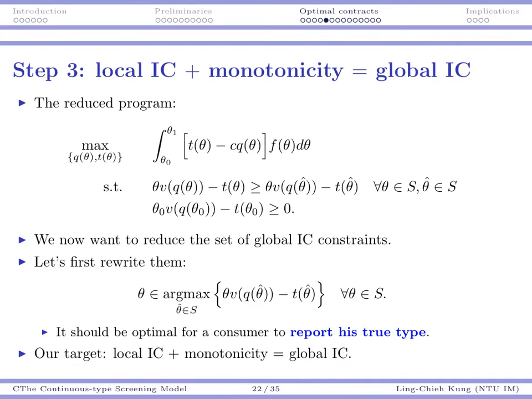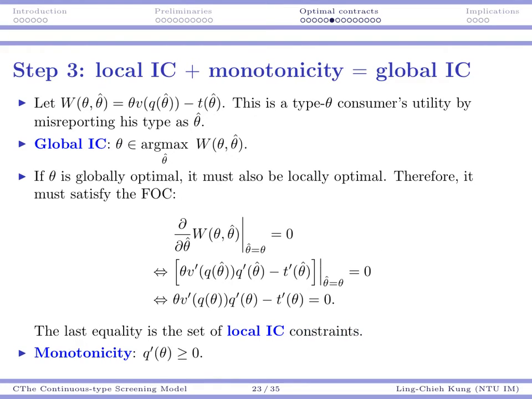Okay, we want to show that local IC and the monotonicity can be equivalent to global IC. So we need some notations. Let W of theta hat be defined in this way: theta times V of Q of theta hat minus T of theta hat. This is the type theta consumer's utility by misreporting his type as theta hat.